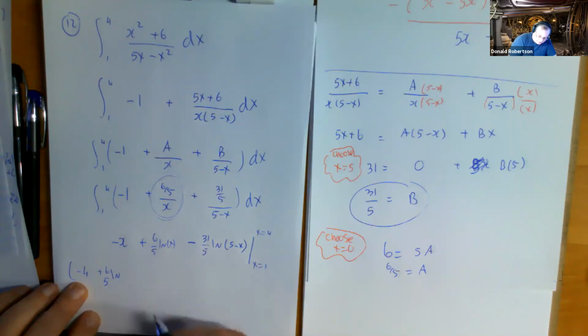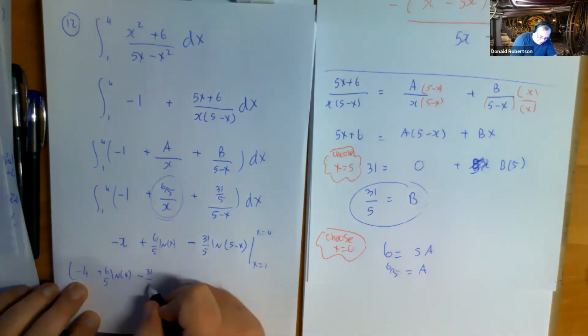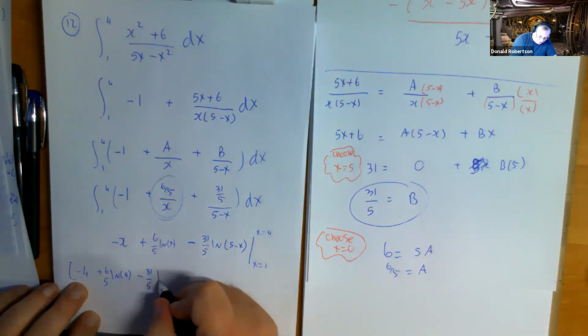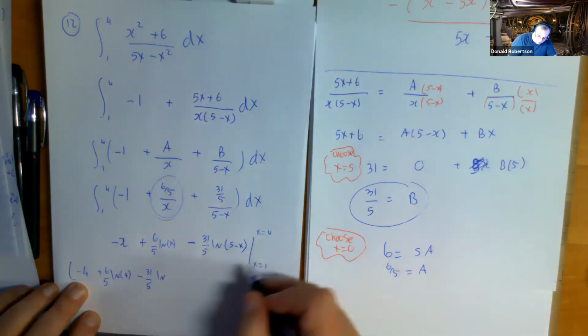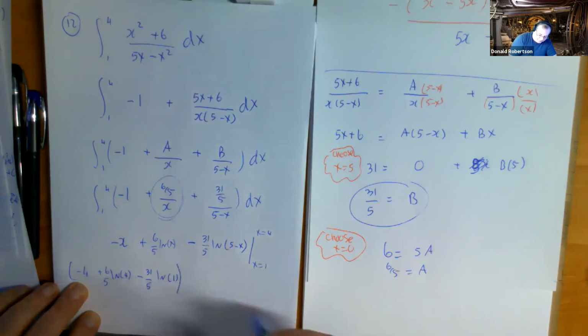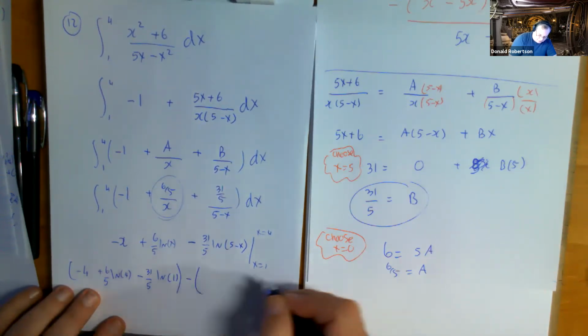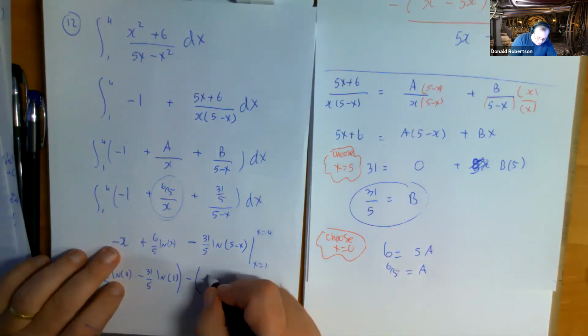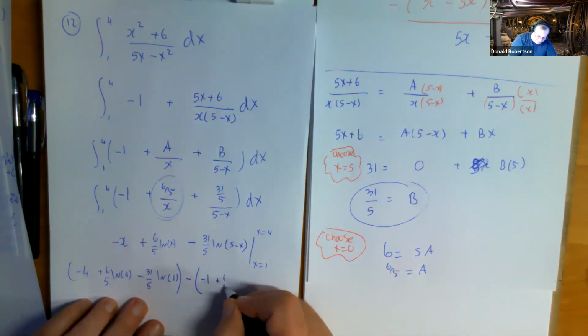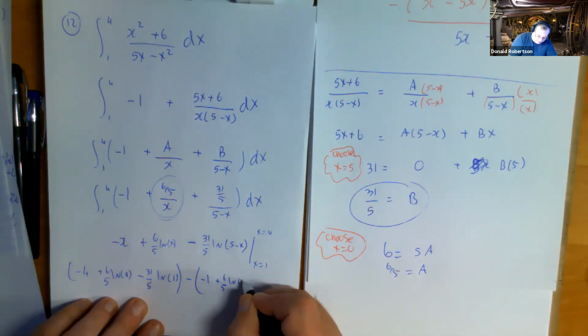6/5 the natural log of 4. Take away 31/5 the natural log of 1. Subtract, plug in 1, 6/5 the natural log of 1.